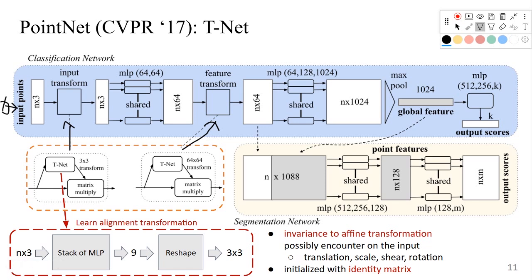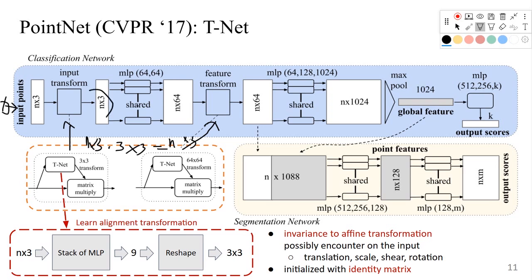So in this particular level, because the output is the same, we also want to map into exactly the same shape, n by 3. To do this, we will learn a 3 by 3 transformation matrix, because if we multiply n by 3 by 3 by 3, the output will remain n by 3.